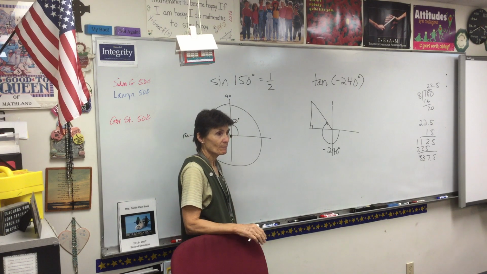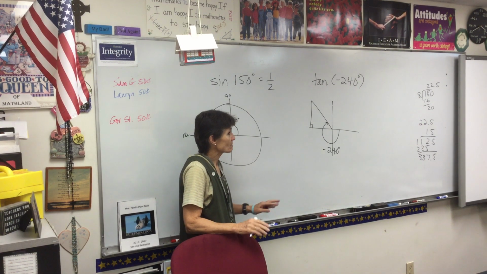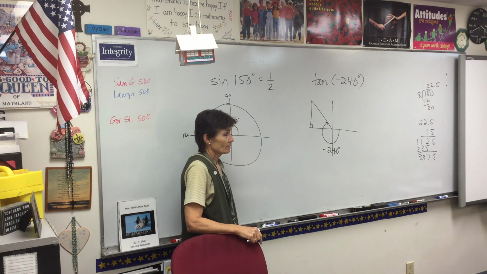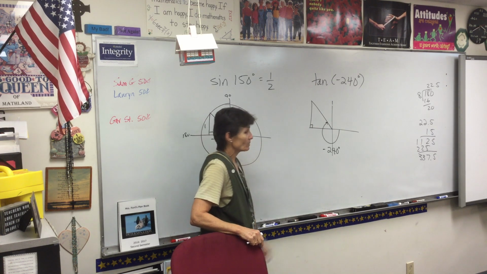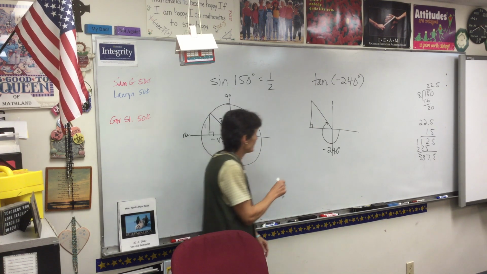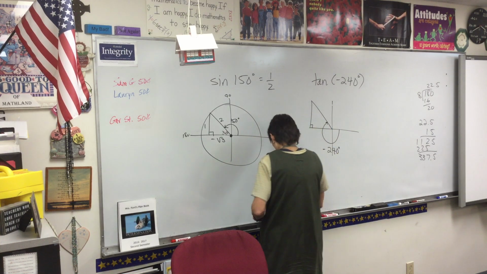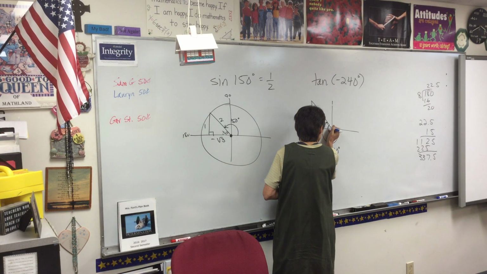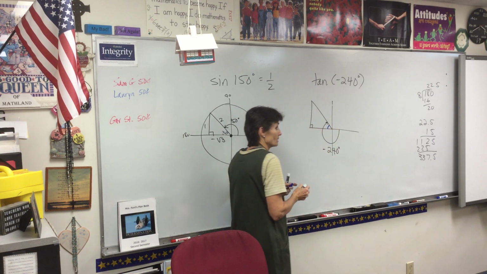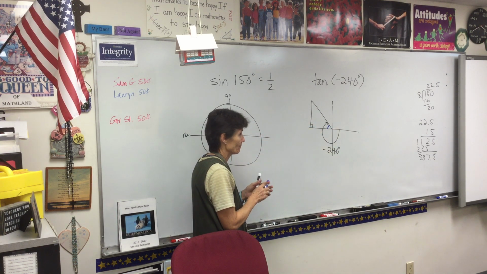Does that make sense to everybody? You gotta get it in the right spot. So there's my butterfly bow tie triangle. And now this is the angle I have to figure out. This guy right here is the angle I need. So use your head.